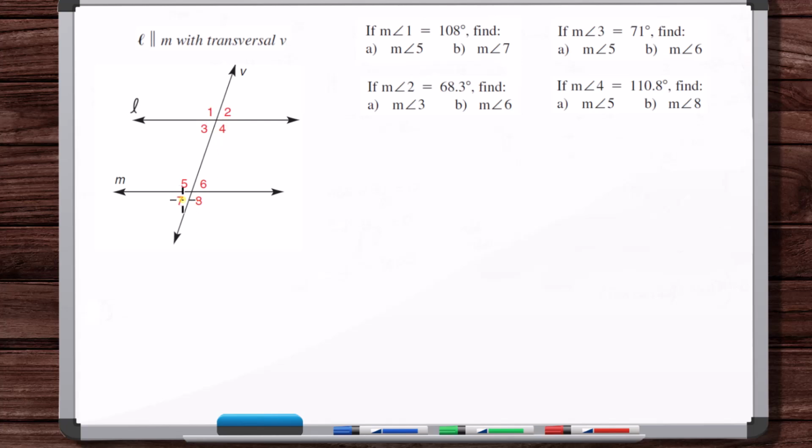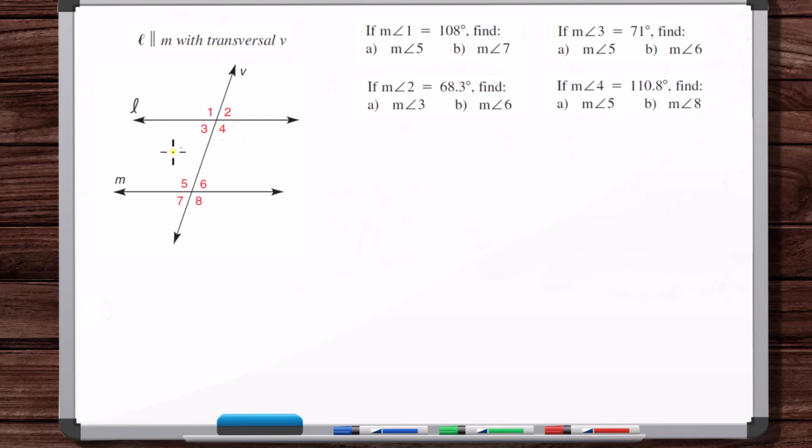So you've got these different angles. All of the names that I just talked about apply to any transversal cutting across two lines, whether or not those two lines are parallel. However, when those two lines happen to be parallel, then we learned there's some theorems that we could develop that relate the angles.